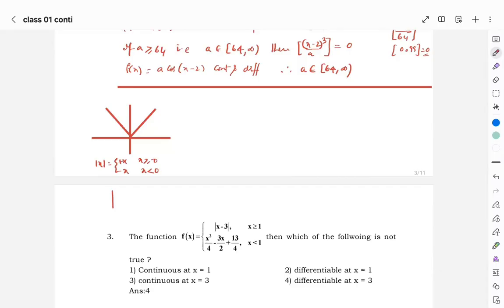In fact, y equal to x graph will be like this, but that graph is only for positive. You cannot take this whole line. For positive means only part of it we have to take. So y equal to minus x graph will be like this, but that is for only negative values. So this is mod x graph.